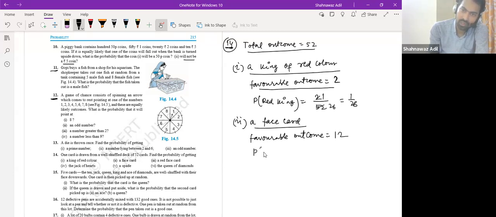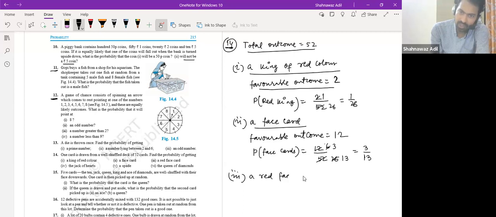Then the probability of a face card is 12 by 52, which is 3 by 13.